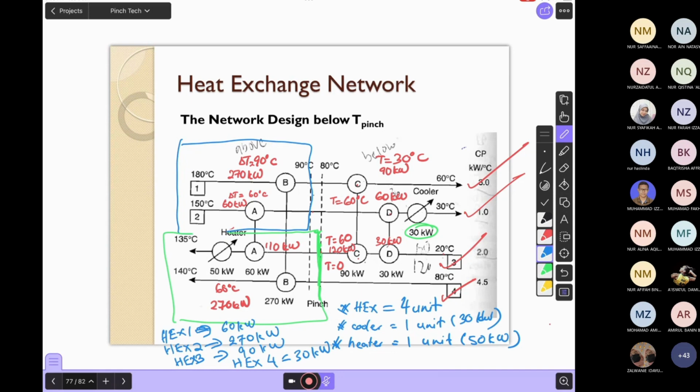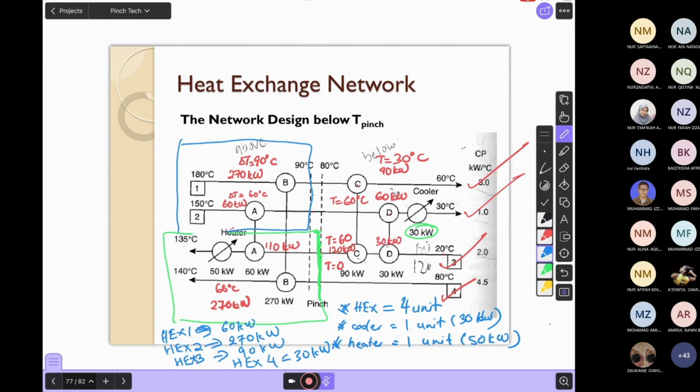So you know this one. You are the one who designed the process. So in this subject, you are the chemical engineer. You design the plant. You design the process. Now it's time for you to design the utilities.